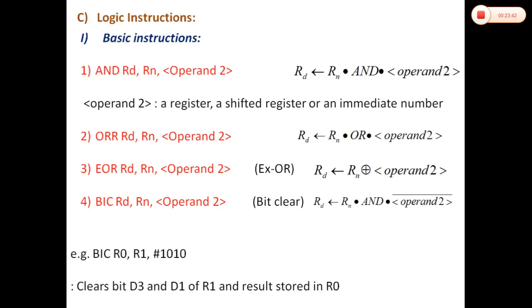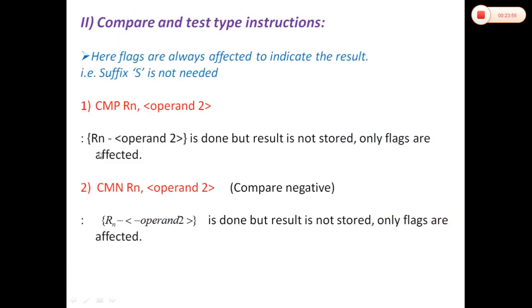In all the previous instructions, we have seen that if S is not put, then the instructions will work, but they will not affect the flags. If you want the instruction to affect the flags, then S should be put as a suffix in the mnemonic. But these instructions don't need suffix S. They will always affect the flags because their output is in the form of flag settings itself. Compare Rn, operand 2. It will simply compare these two operands and the result will be indicated in terms of the flags.